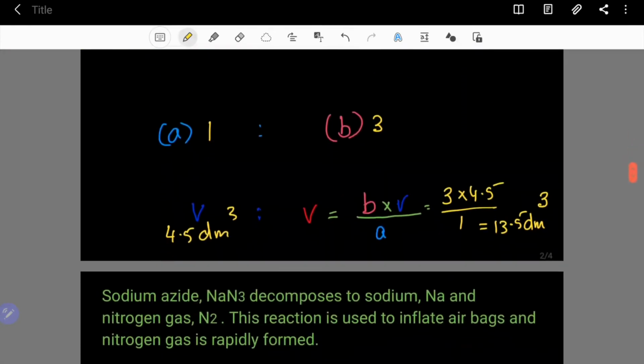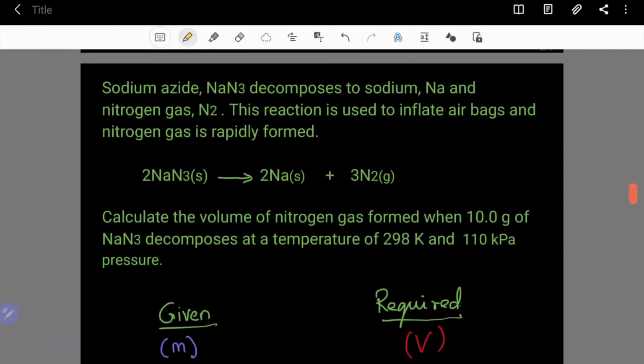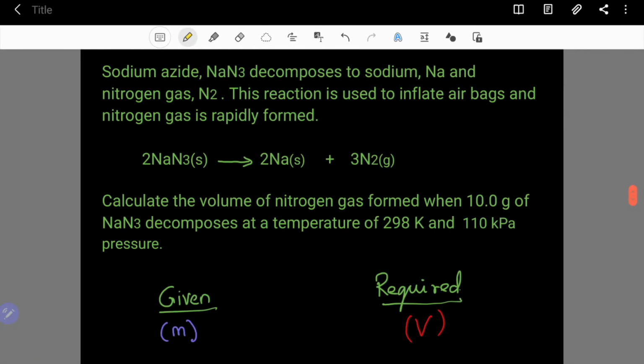Now, here's another example where we calculate volumes of gases using the ideal gas law and Avogadro's law. In this question, sodium azide decomposes to give sodium and nitrogen, and you would notice that sodium azide is in its solid state, sodium in solid state, but nitrogen is in the gaseous state.